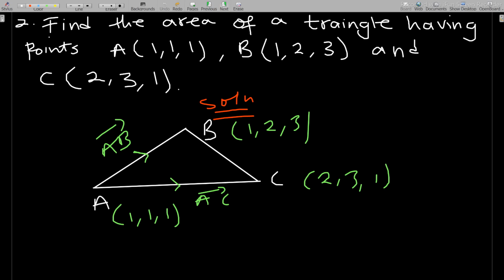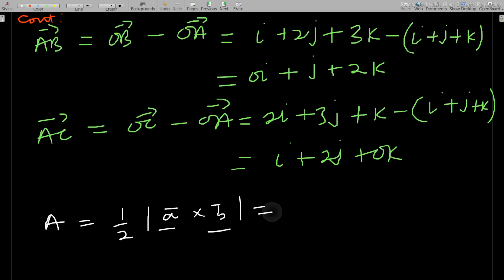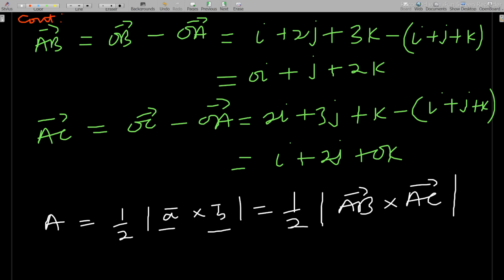So in our context here, this is vector AB cross vector AC. I hope you get this. So I have to just find AB cross AC. We know that AB is 0i, the reason why I'm maintaining the 0 is for the cross product to be easier for us, plus j and plus 2k.